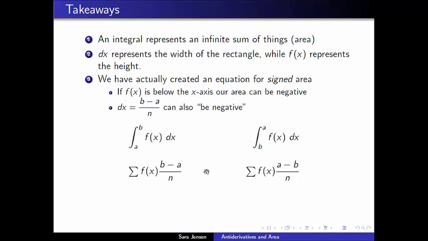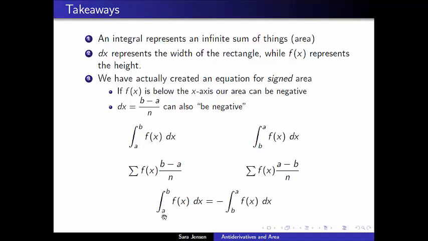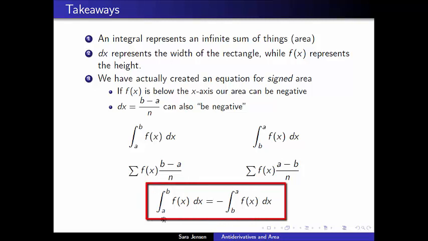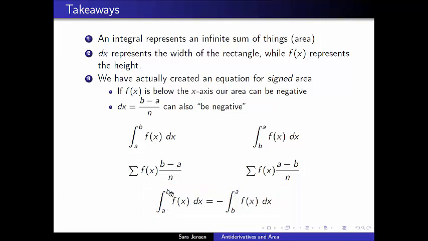And so you'll often see rules written down in calculus books about definite integrals, and one of the rules that you frequently see is this rule right here, which says if you take a definite integral and you interchange the bounds, instead of integrating from a to b, you integrate from b to a, you'll get the same result with a minus sign in front.